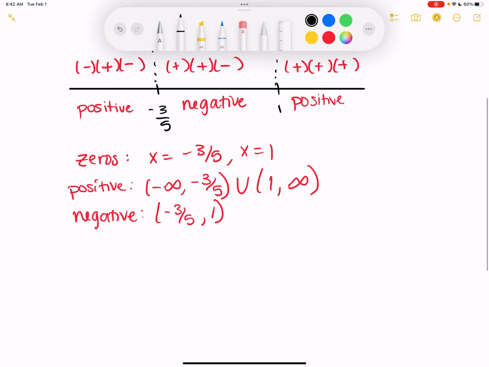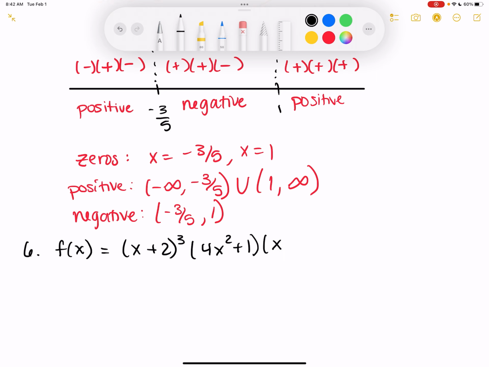All right, same instructions, number 6. F of x is equal to (x plus 2) cubed times (4x squared plus 1) times (x minus 9) to the 4th.